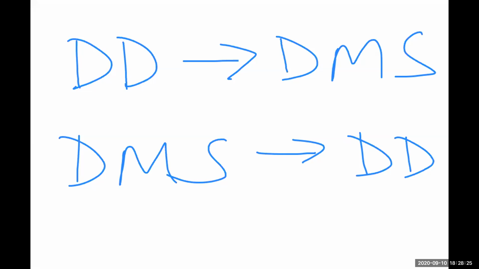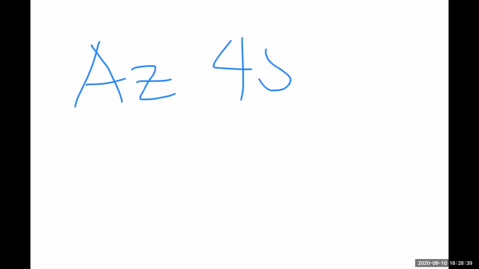And we have to be able to toggle between the two depending on what we're trying to measure. So if I had an azimuth of 45.5 degrees, I want to know what the bearing is of this line.